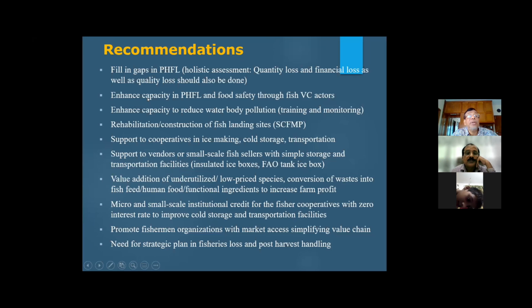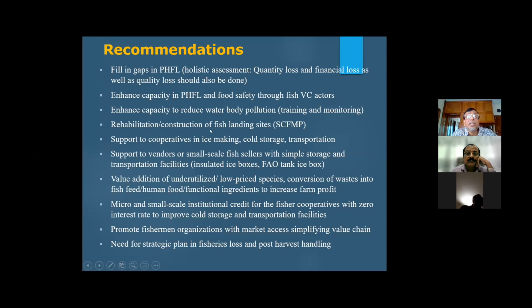And we need to enhance capacity of post-harvest fish loss assessment and food safety through fish value chain actors, as well as extension workers. Enhance capacity to reduce water body pollution, very important. We need to stress on it through training, monitoring, and collaboration and coordination, and need rehabilitation and construction of fish landing sites.